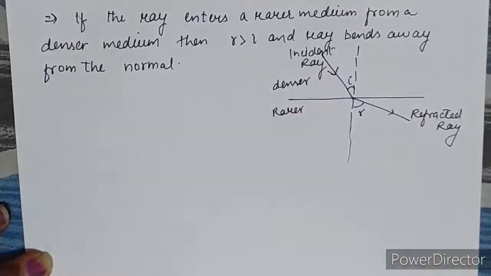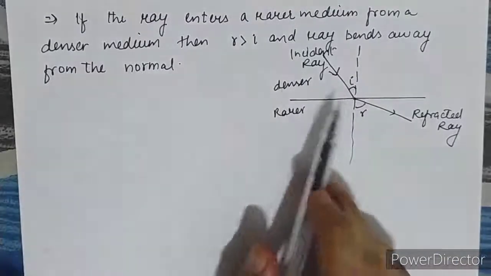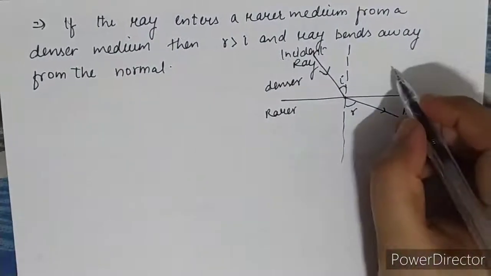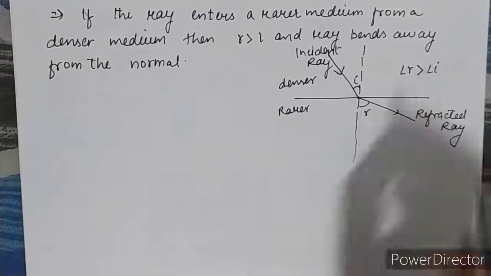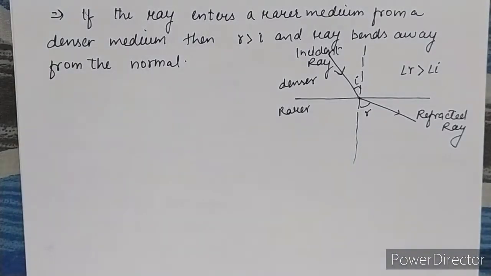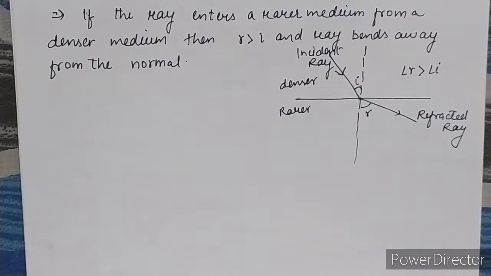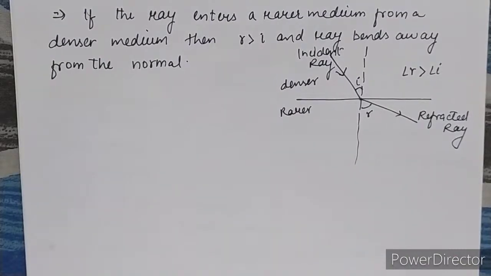So when the light rays travel from denser medium to rarer medium, always remember that angle R is greater than angle I. Okay, it will always move away from the normal. Okay, clear?